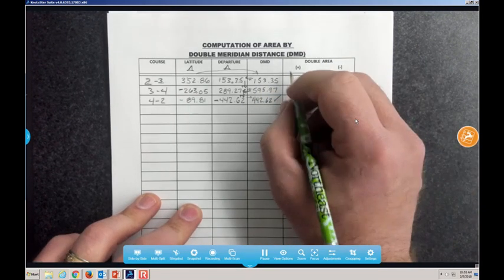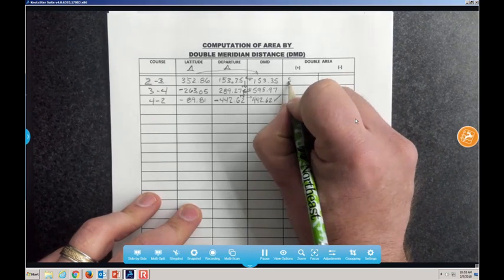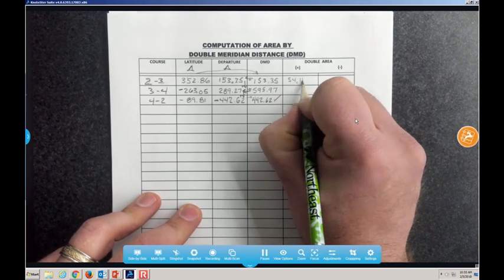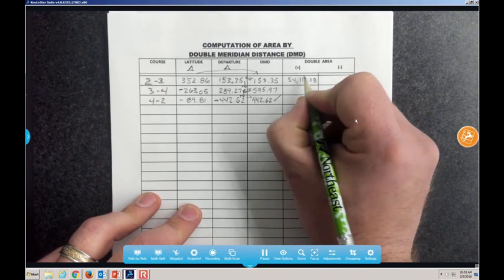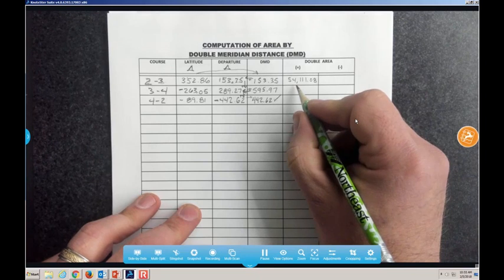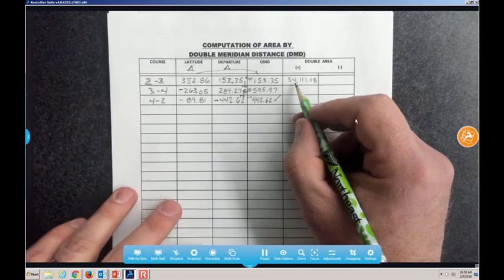What answer is that? 54,111.28. Okay? And it goes in the positive column because it's a positive. The sign wasn't changed to anything different.